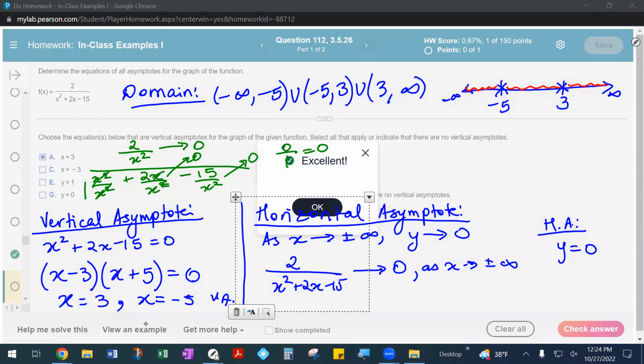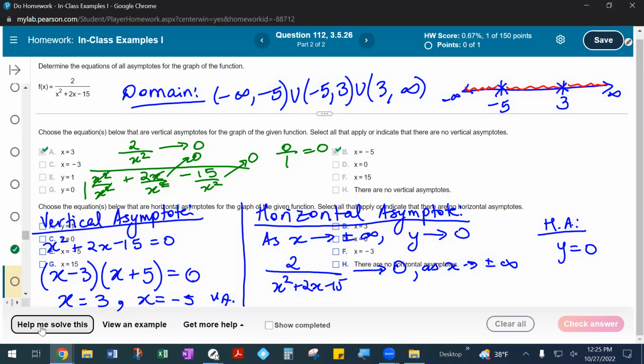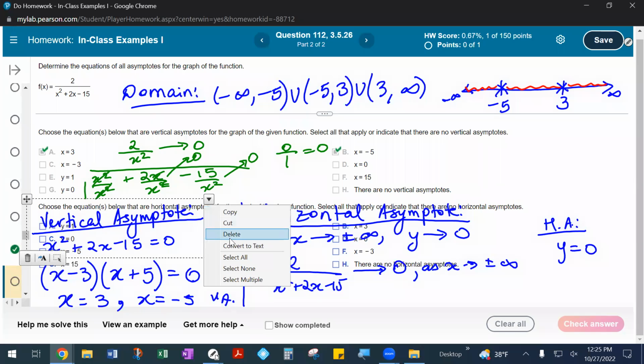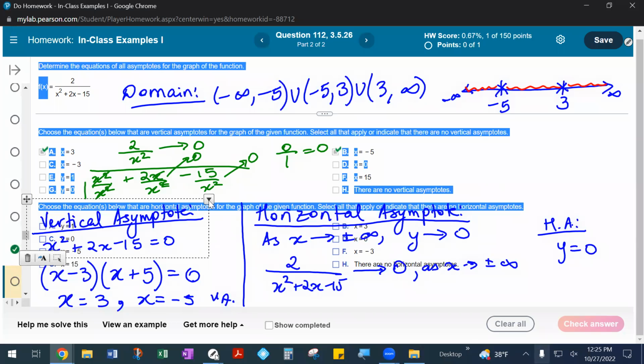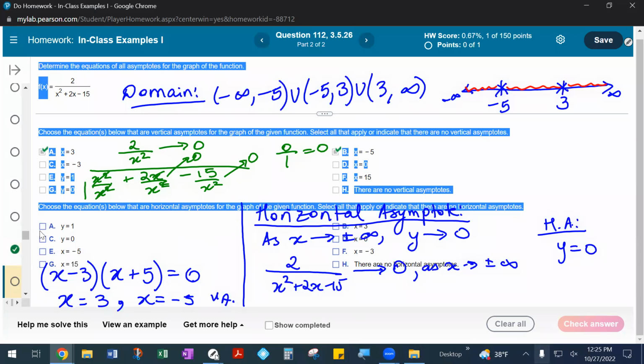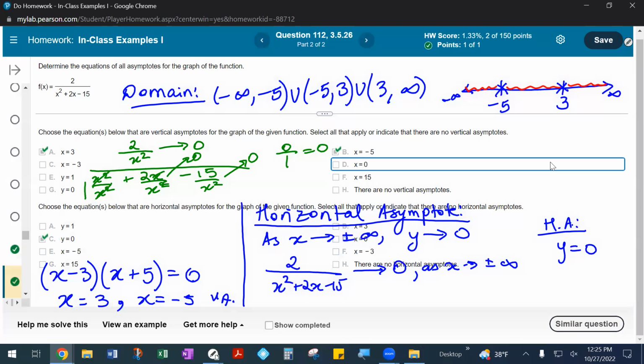Okay, who's going to ask me for the horizontal? Interesting. Okay, I believe that one is y equals 0. This is very interesting. Okay, apparently it's in 2 parts.